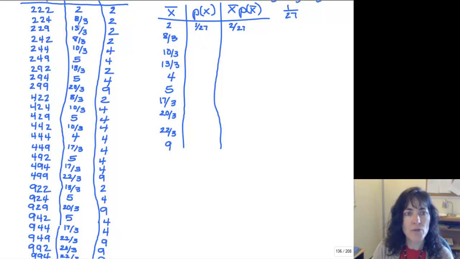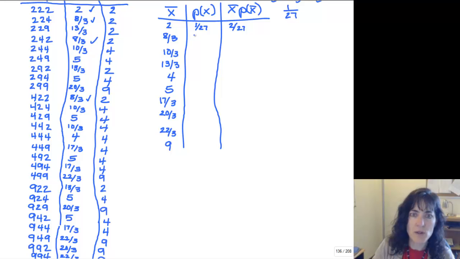And then I have 8/3. I already counted the 2's, so I have 1, 2, 3, and that's it. So I have 3 of those. So the probability for 8/3 is 3 over 27. And then when I multiply these two together, my 3's are going to cancel, and so I'll have 8/27.